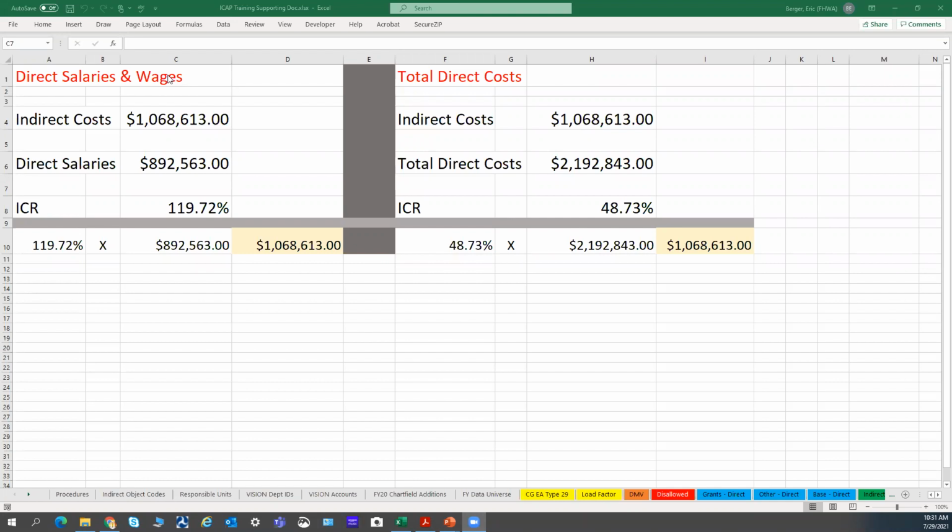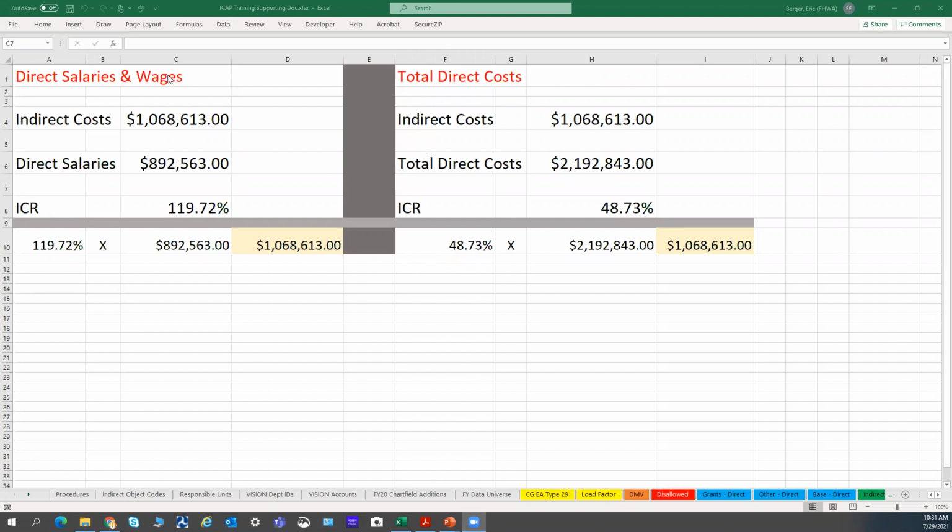On the left side, you see the direct salaries of only $892,000, and if you're using direct salaries and wages, you would have an indirect cost rate of 119.72%. To prove that out, the bottom line on the left says 119.72% times your direct salaries equates to your indirects. So if you're using direct salaries and wages with 119%, you're still going to recover all your indirect costs.